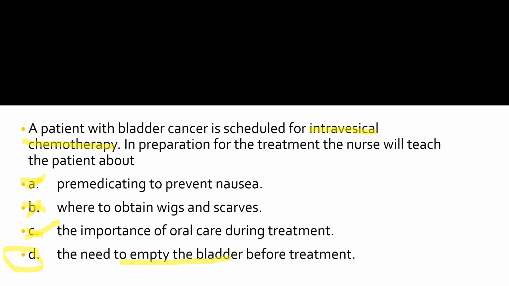Even if you don't know this information, you can look at your options and say, these things are very similar. Nausea, oral care, losing hair, these are all systemic side effects. So if you understand that intravesical chemo does not cause systemic side effects because it's just in the bladder, you can guess that D is the correct answer.